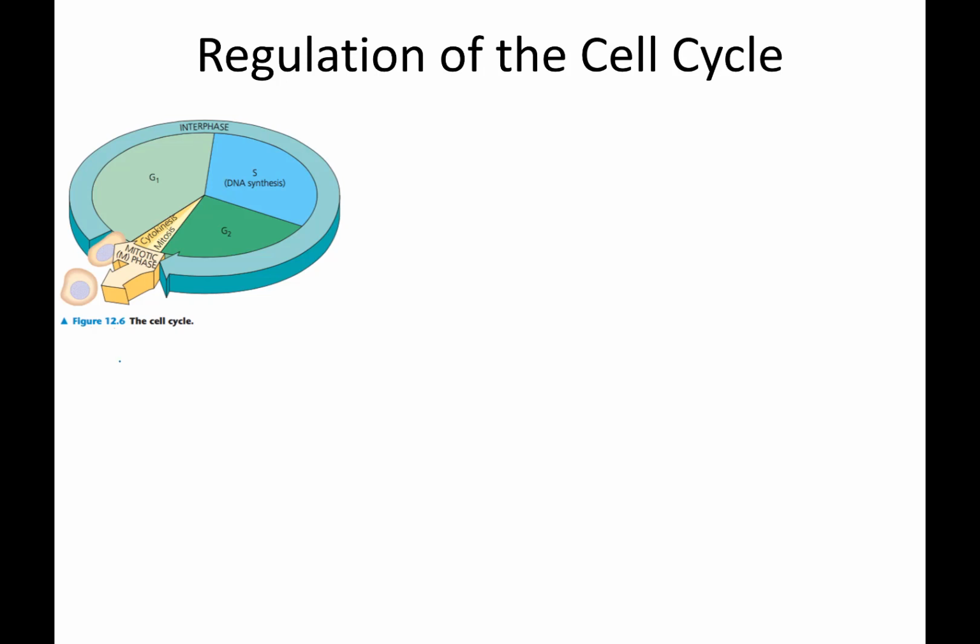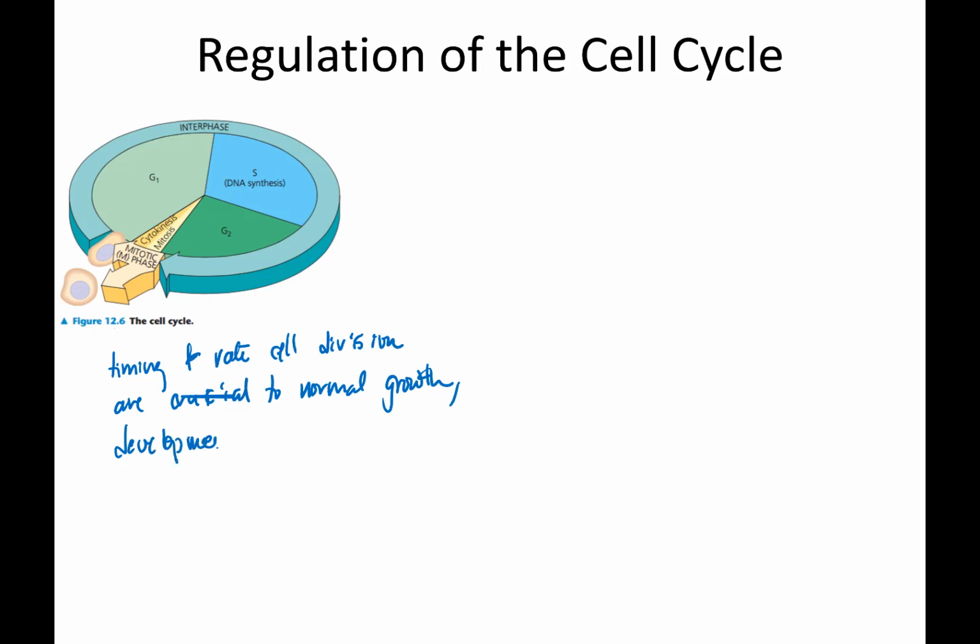So the timing and the rate of the cell cycle, how fast cells divide, are crucial to normal growth, as well as the development of the organism, as well as to maintain cells in the organism. Maintenance. And the big question is, what controls it?